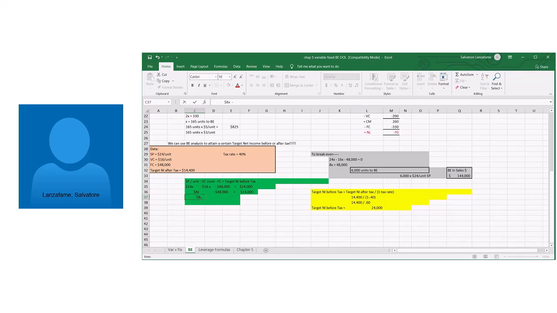So normally it would be 0 on the right if we were doing break even, but we got 24 in there. So that brings us up to 72,000. And then we're going to divide both sides by 8.